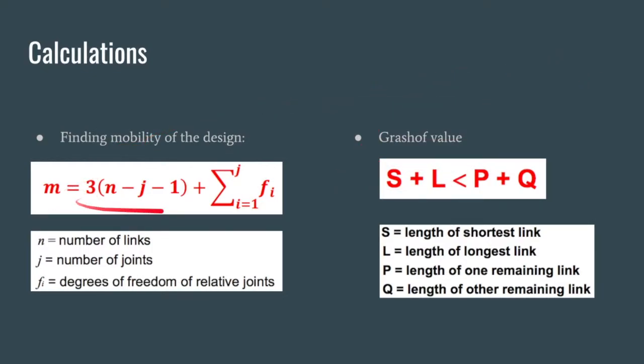To find the mobility, we use this equation: M equals 3 times (n, the number of links, minus j, the number of joints, minus 1) plus the summation of the degrees of freedom of the relative joints, which is the degrees of freedom of all the joints in our mechanism. For the Grashof value, S is the shortest link, L is the length of the longest link, and P and Q are the lengths of the remaining two links.